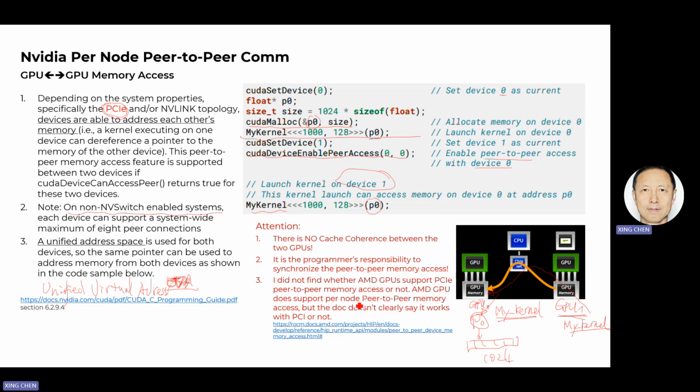This piece of code is from the Nvidia CUDA document. I didn't find out whether the AMD GPUs support this kind of peer-to-peer memory access or not, I mean the GPUs in the form factor of PCIe adapters. I didn't find the answer whether it's supported or not.